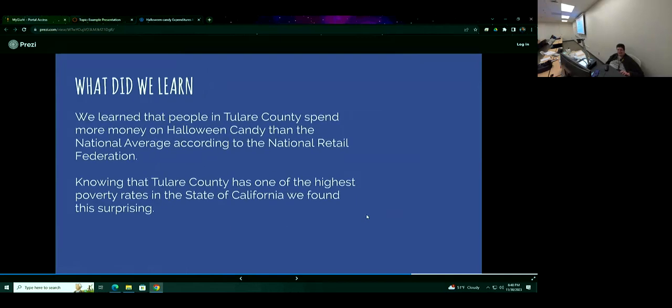They learned that in Tulare County, people spend more money on Halloween than the national average. They found it surprising because Tulare County has one of the highest poverty rates in the state of California. But they even acknowledged in their bias that they were asking people in the median income range for a lot of it.